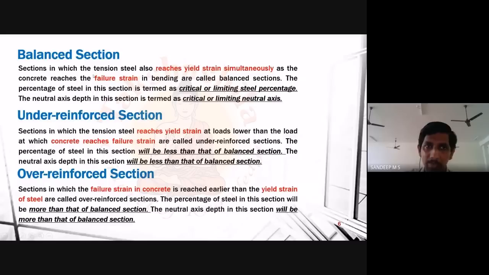Such a section is normally called a balanced section. The next sentence states that the percentage of steel in this section is termed critical or limiting.